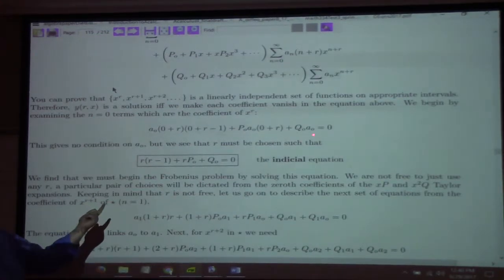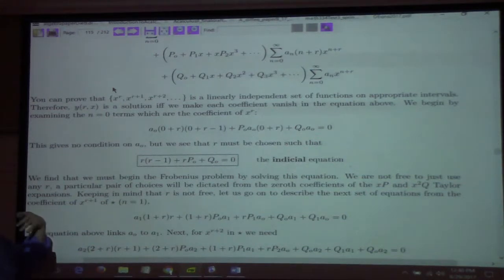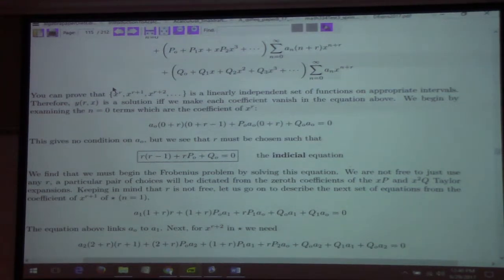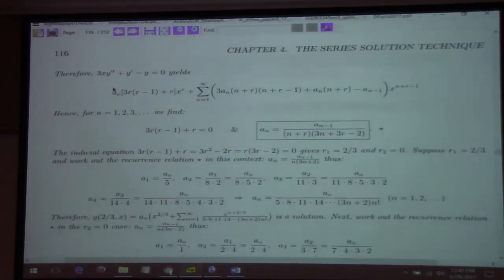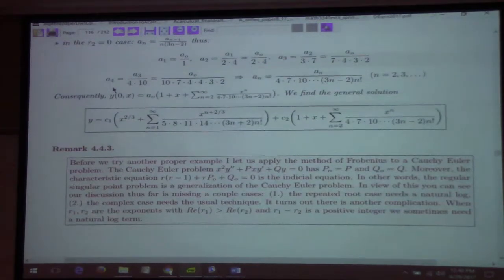So we plug in the Frobenius solution for our given problem, work out the indicial equation, work out the recursion for the a sub n, and then solve the indicial equation. That will find an index for us, and then we plug it in the recursion and look for a pattern. All right. So here was a solution.